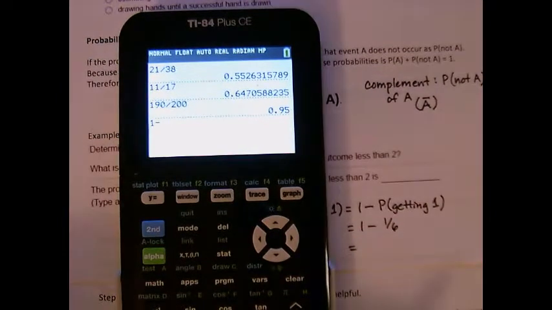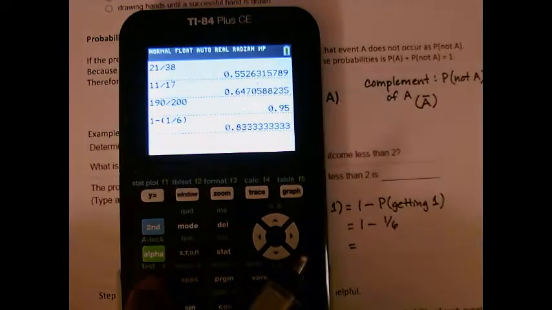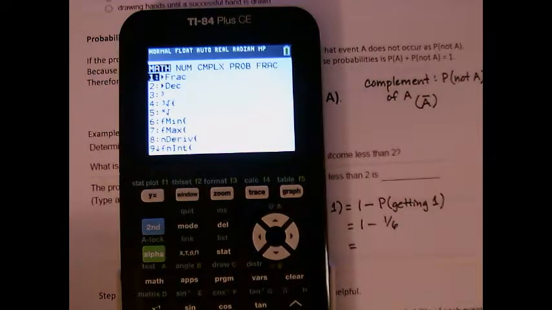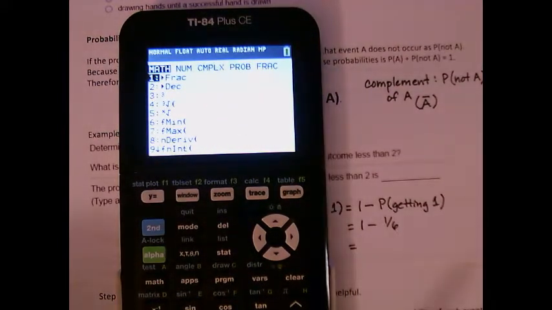So if I do 1 minus, and I'm going to do left parentheses, 1 divided by 6, you'll get the decimal part, but they want that as a simplified fraction. So here, to do that, we're going to press this button that says Math on the left-hand side. You'll get this menu, and under the Math menu, you're going to select number 1 for fraction.